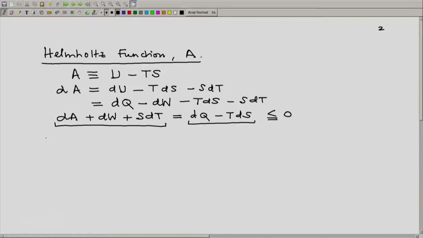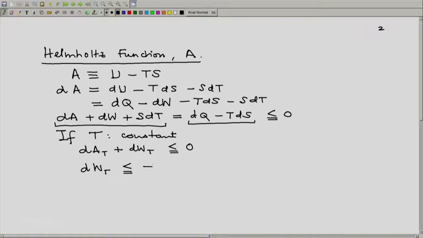And now consider a process in which T is constant, an isothermal process. In such a process, you will get dA at constant T plus dW at constant T, T constant, so dT will be 0, should be less than or equal to 0, or dW at constant T is less than or equal to minus dA at constant T. Now what have we concluded?